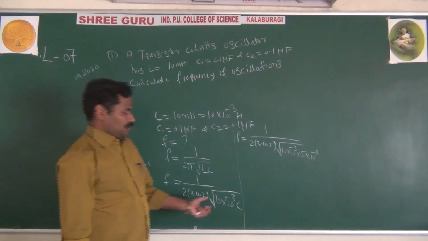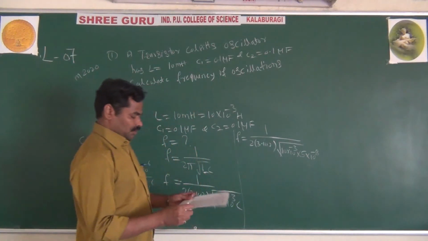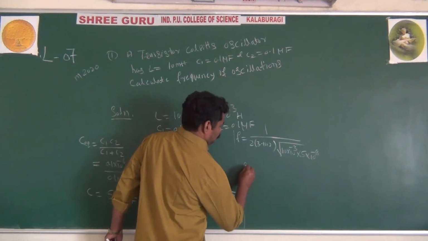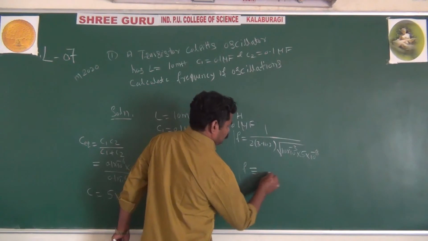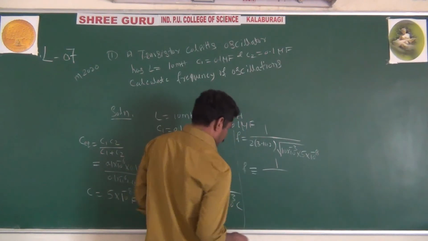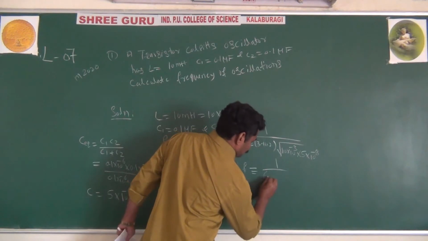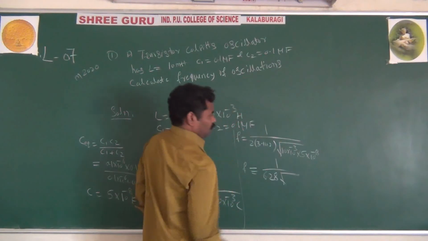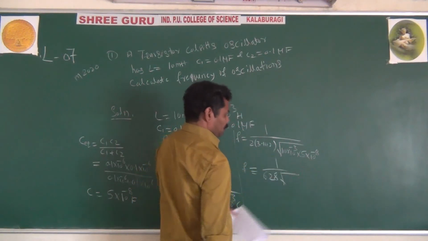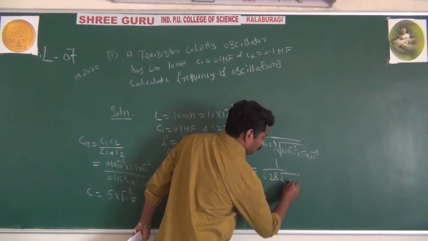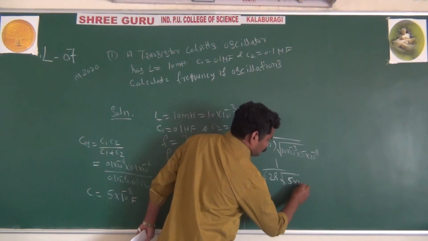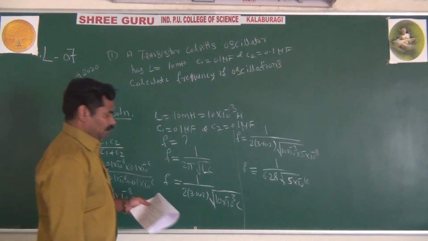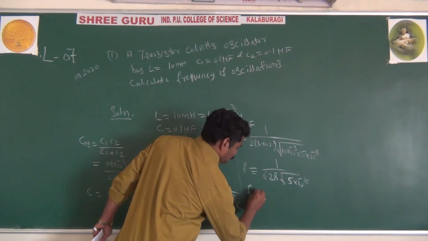After simplifying this, we get F is equal to 1 divided by, you multiply this and this, we get 6.28, and in the square root we may get 10 into 5, and simplified we may get 5 into 10 to the minus 10.